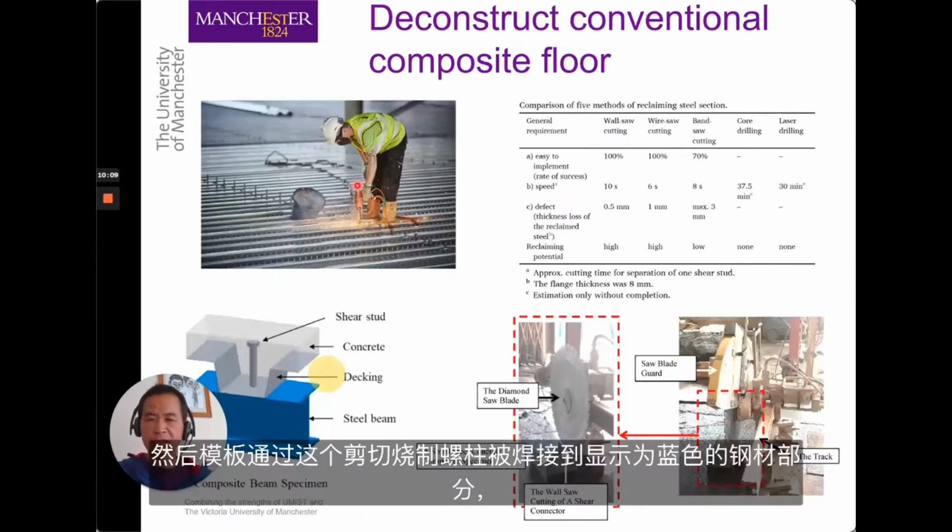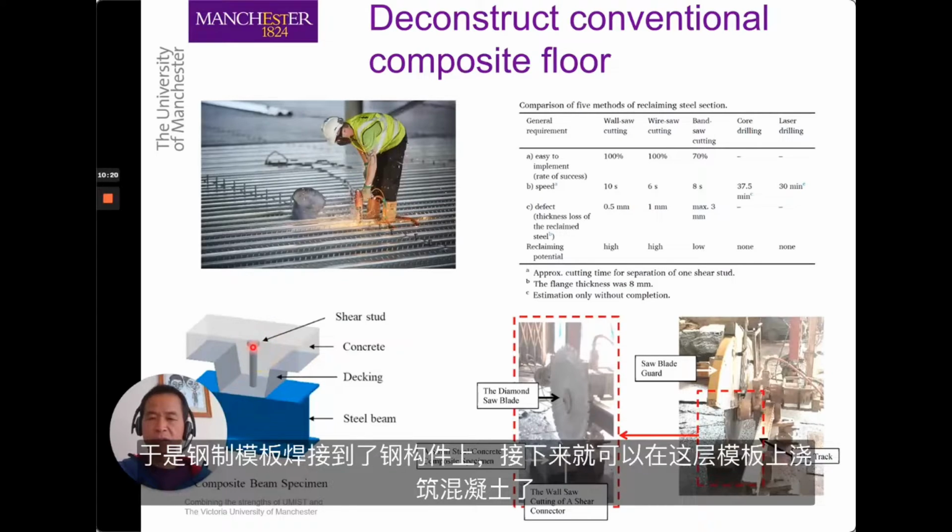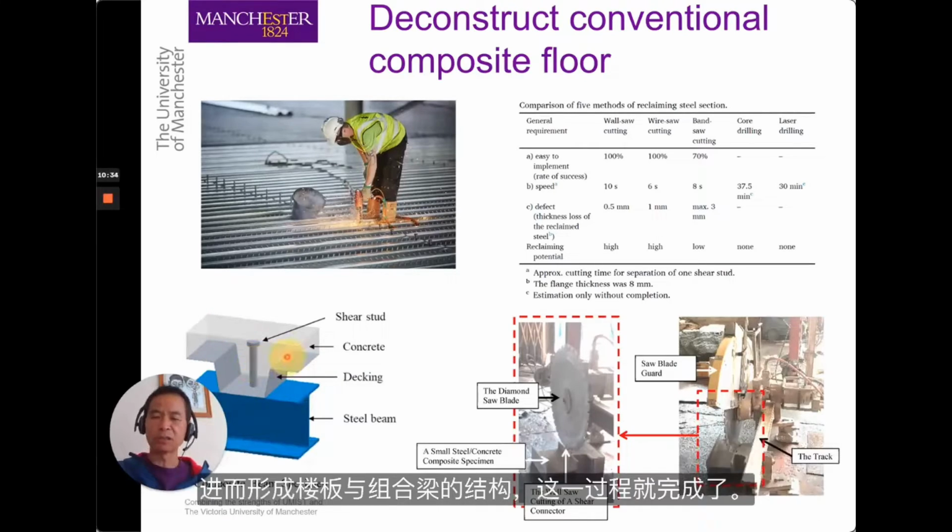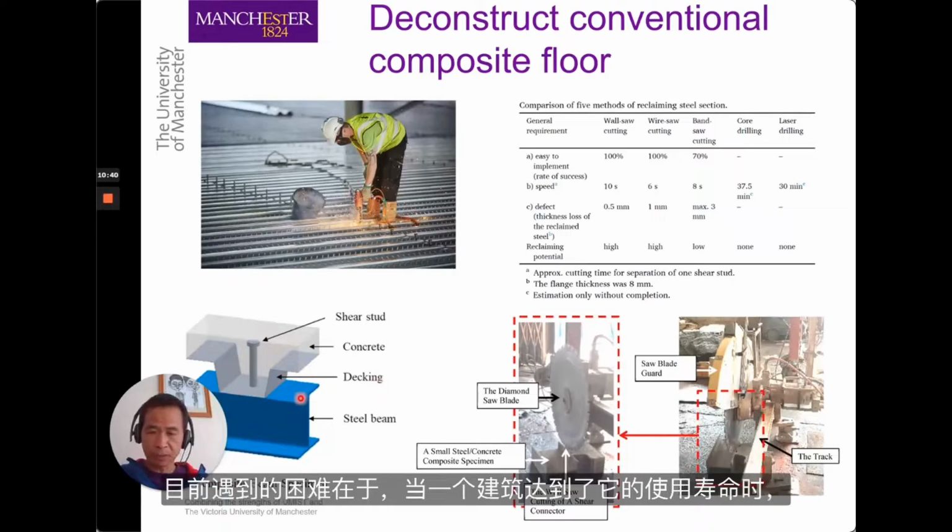The decking is welded to the steel section, which is this blue color, by using short fired studs. So this is welded to the steel section to weld the steel decking to the steel section. On top of the steel decking, we can then cast concrete to form the floor and the composite beam construction. That's how it's done currently.